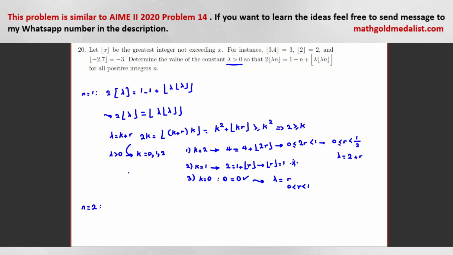Have you checked n equals 2? Yeah, I was able to reject the k equals 0 case.